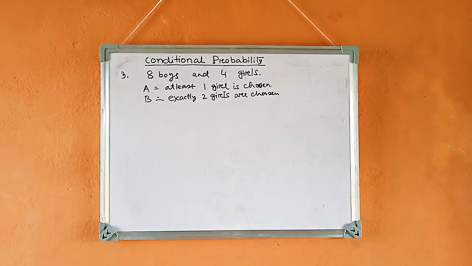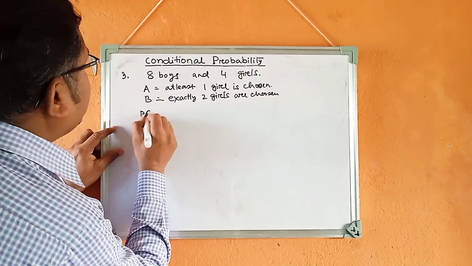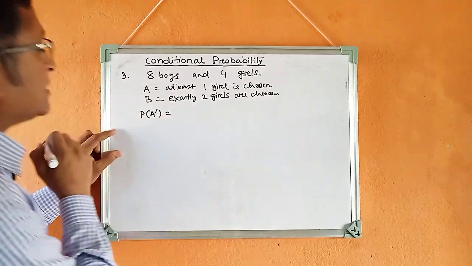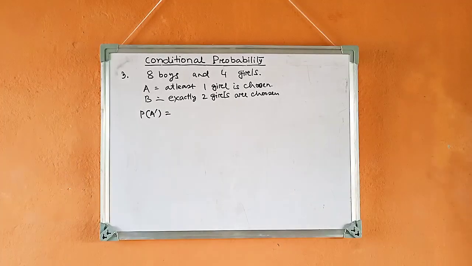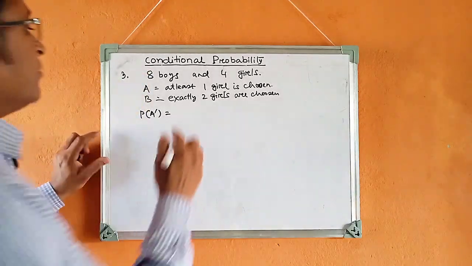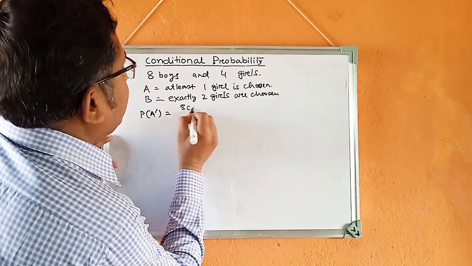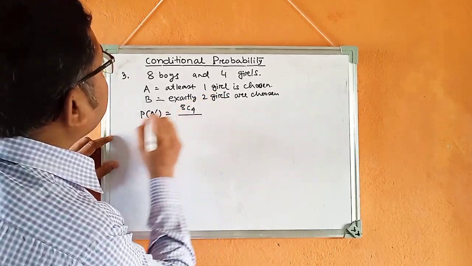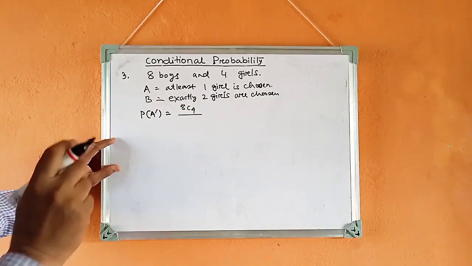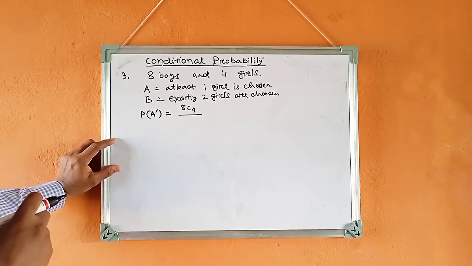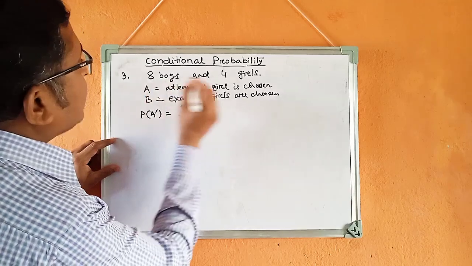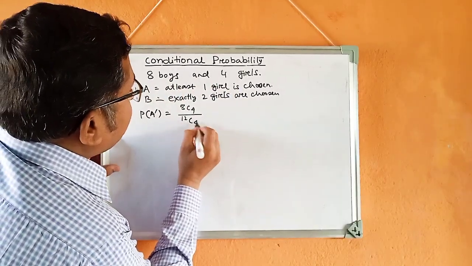Now for P(A complement), we choose the event that no girl is chosen. So there are 8 boys: 8C4 divided by the total number of committees that can be formed out of 8 boys and 4 girls, taking 4 at a time, that is 8 plus 4, 12C4.